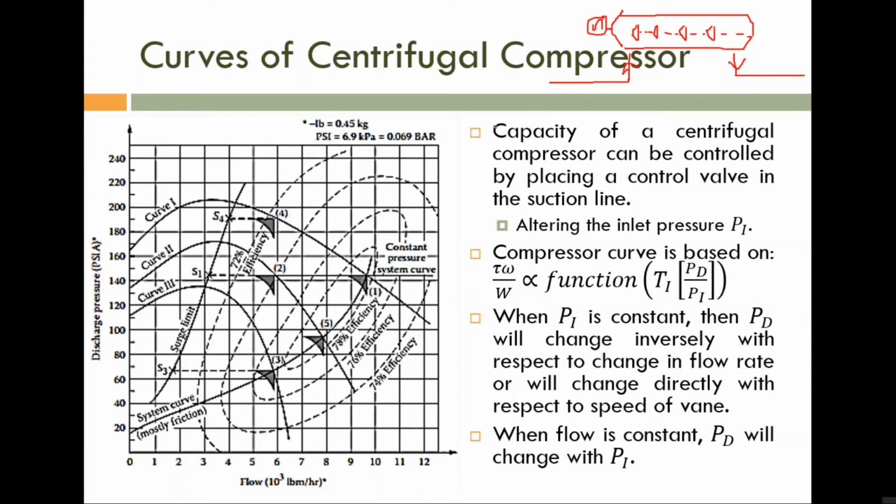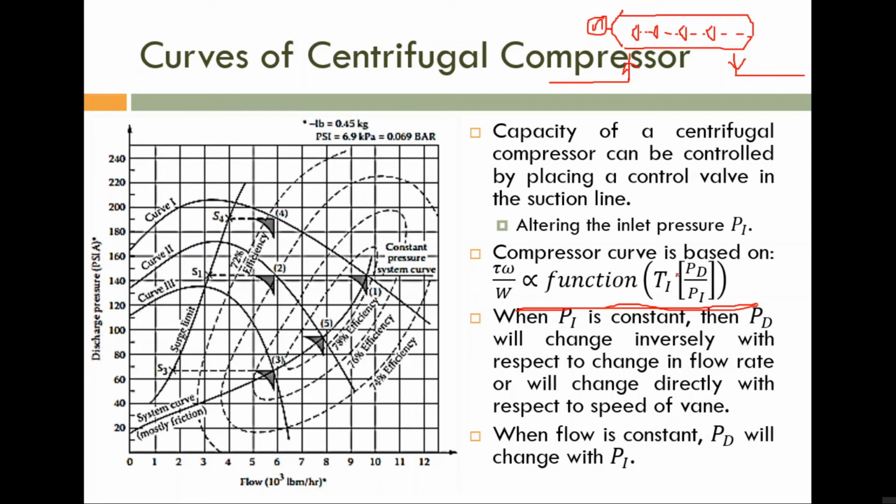Before that, we have to know the compressor curve. The compressor curve is based on this relationship. Here you can see a number of variables. Tau means torque, omega is the corresponding angular speed of rotation, and W is the mass flow rate.